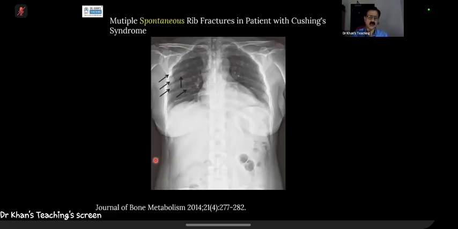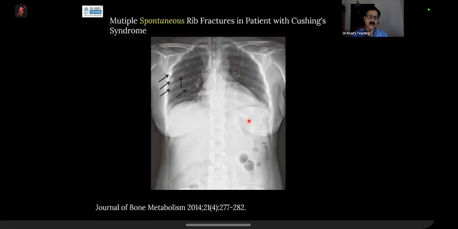with no history of trauma. Look at this case from literature: multiple spontaneous rib fractures in a patient with Cushing syndrome. So here you can see spontaneous fractures, but in a long case, suppose this chest X-ray is there and a pituitary microadenoma on an MR is there, and you will be worried, how can I correlate the two?